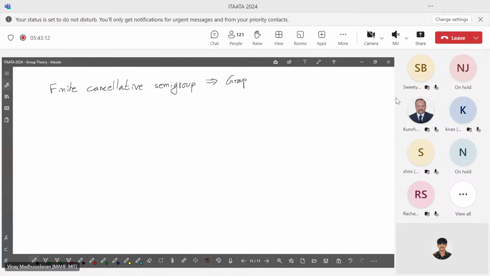See, what does the law of cancellation mean? If you have already got, for example, ax equal to ay, then you can cancel it and say x equal to y. Suppose I know that for one particular element x, I have ax equal to x. Can I cancel this and say a is equal to b? No, because this is not in this form, right? I need to know that there exists some element like that.